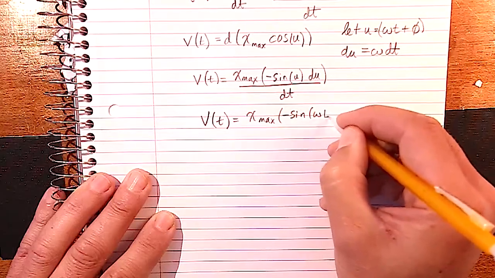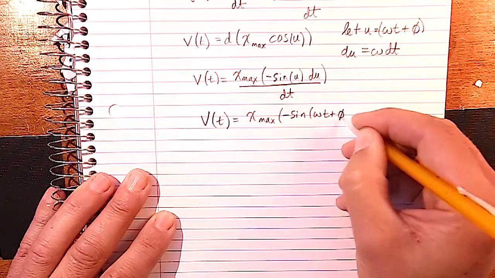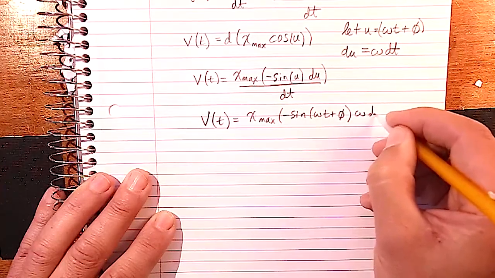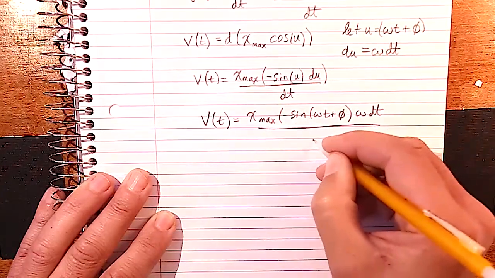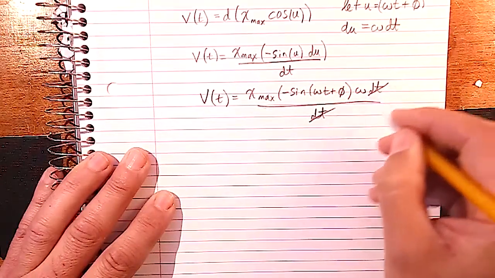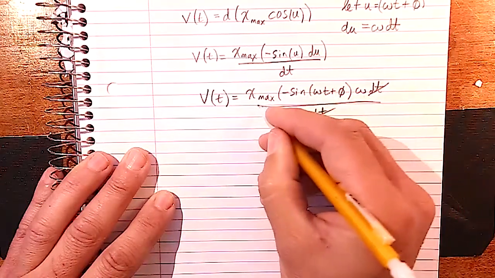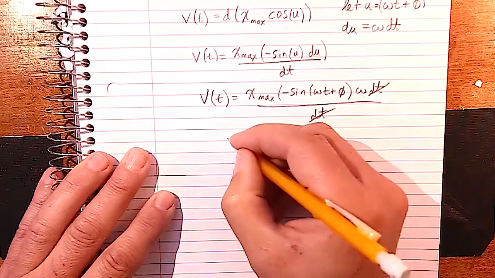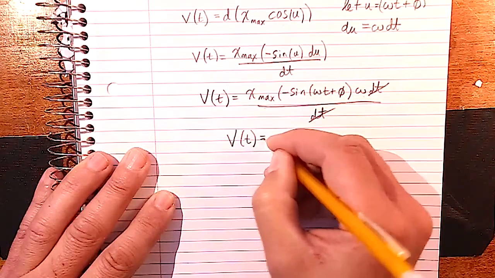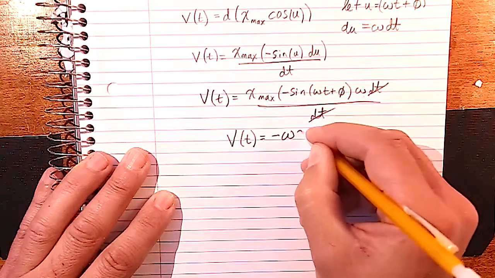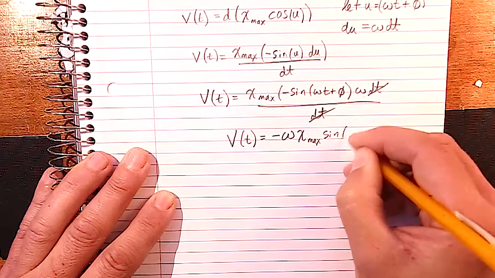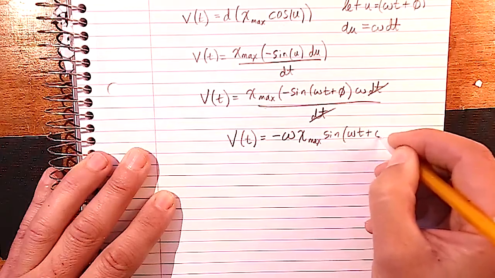U is omega t plus phi. And what's du? Well, du is omega dt, and all of this over dt. So our dt's cancel, our omega can come out front, and that leaves us with v of t is equal to negative omega x max sine omega t plus phi.